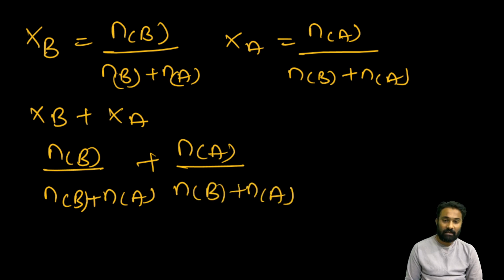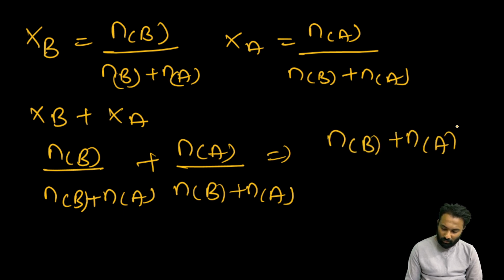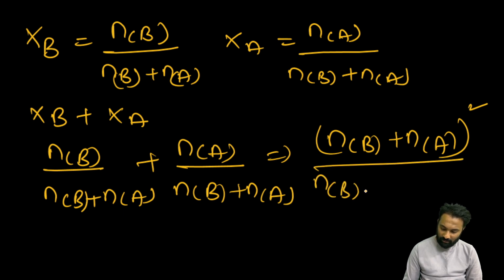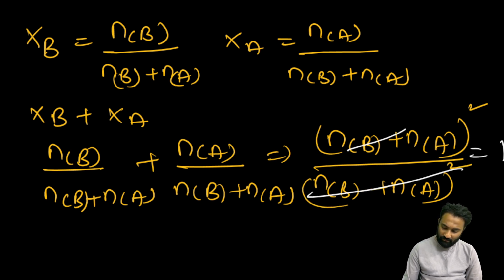Now these two give NB plus NA whole by NB plus NA whole, right? I hope you know this maths. This will get cancelled and it will give you 1. How many components you may add? Not only one. Sum of all the components will give you 1 only.